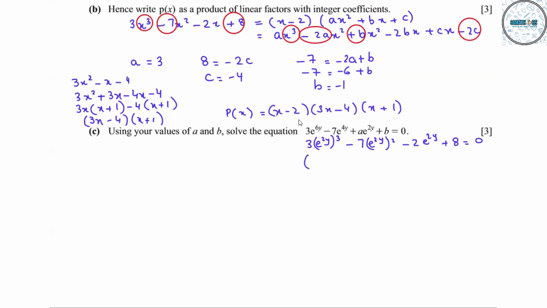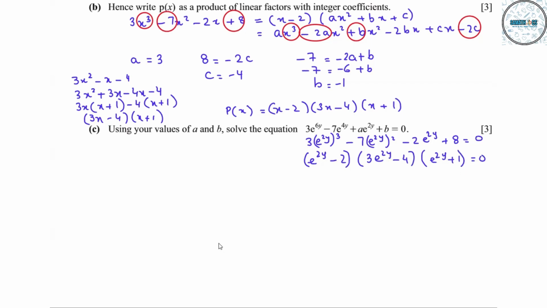So here we can write the first factor is x minus 2, so e power 2y minus 2. Then 3e power 2y minus 4 and e power 2y plus 1 is equal to 0.